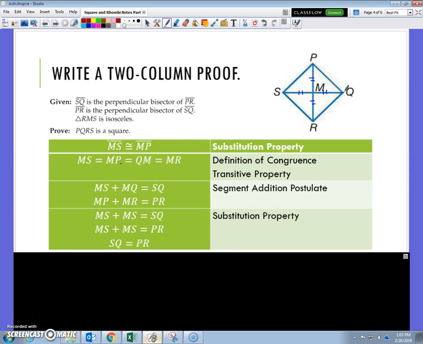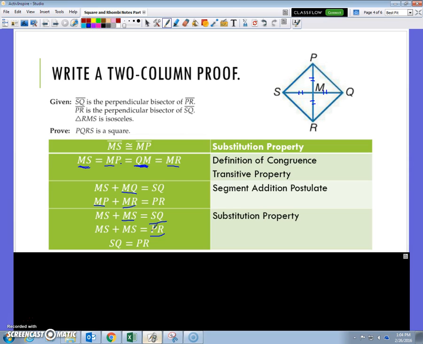I know MS is equal to MQ, so I could plug the MS in for the QM right there. And I can similarly take out the MP and the MR and put in MS's. So if SQ equals MS plus MS and PR equals MS plus MS, then I know for sure SQ must equal PR through substitution.